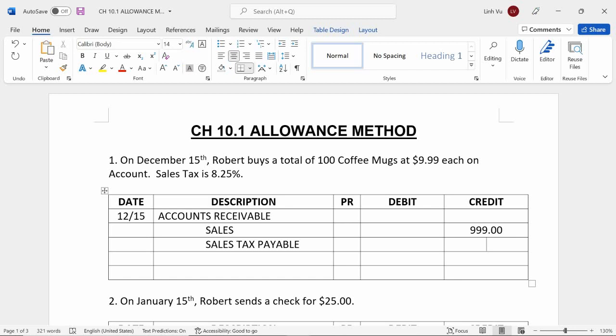You're telling me tax is going to be $8,000? So we do 999, correct? Times 8.25, correct? Is that percent or decimal? Decimal. It's 0.0825. Why would tax be $824?